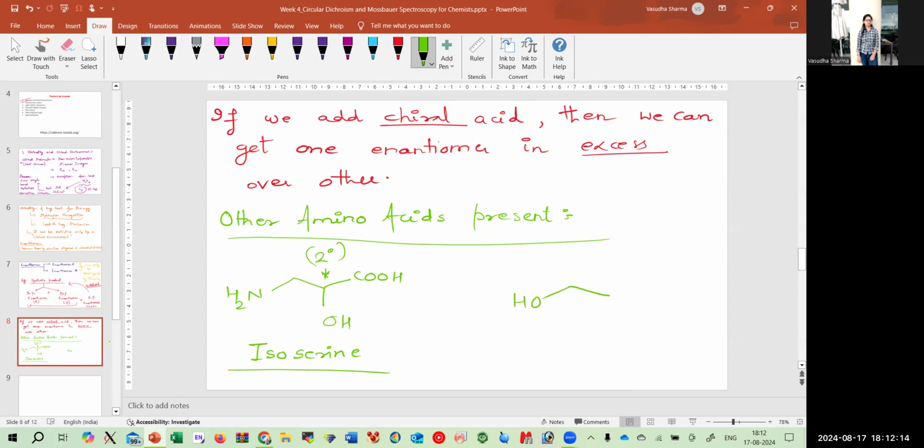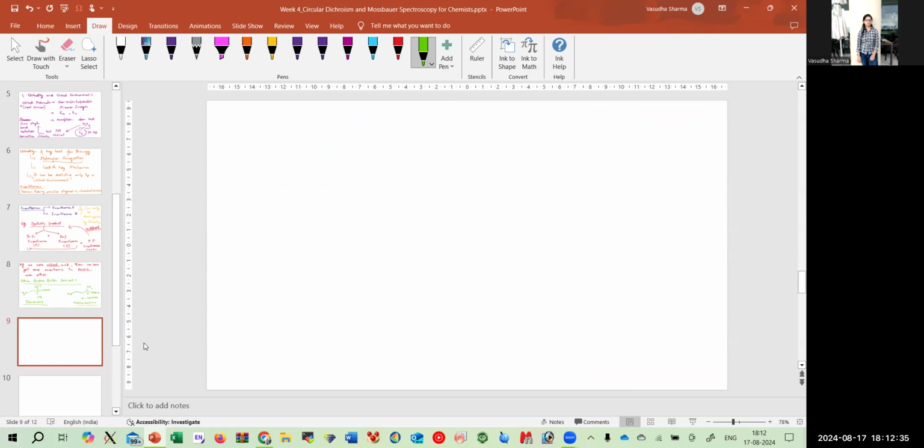If we take this NH2 COOH, now this is the alpha carbon, and this is called homoserine. Okay, some other more examples.